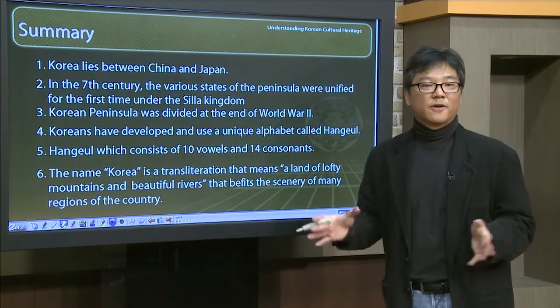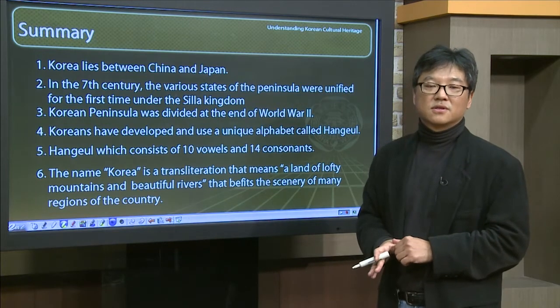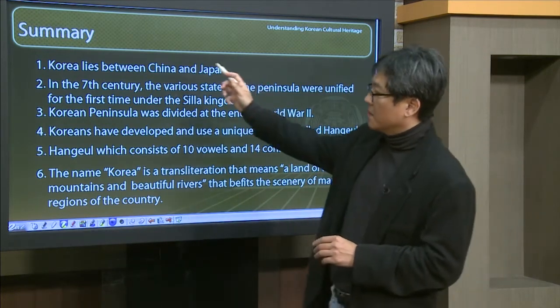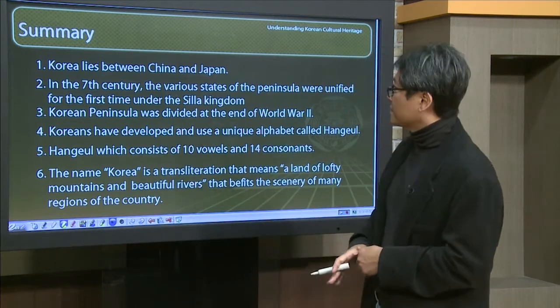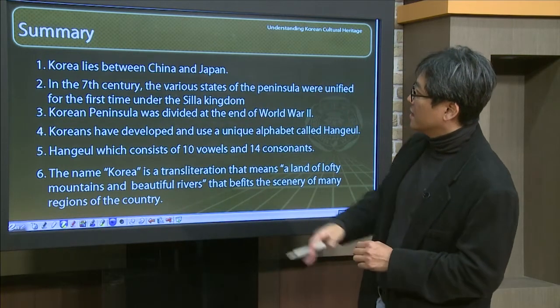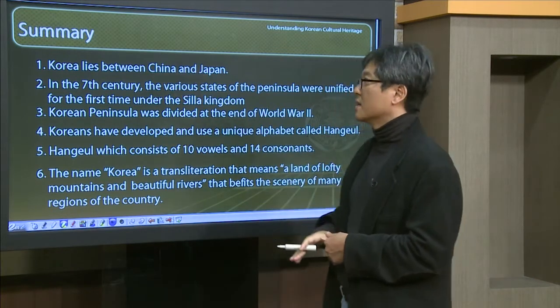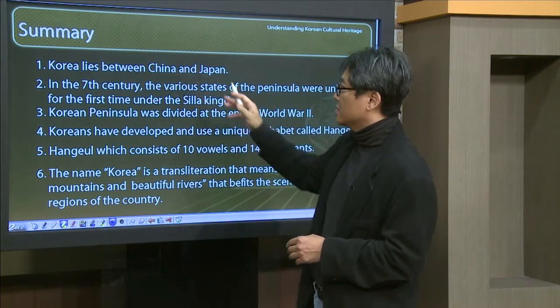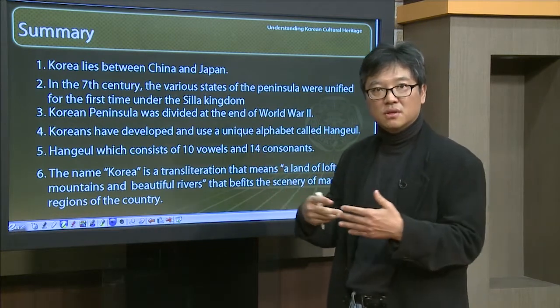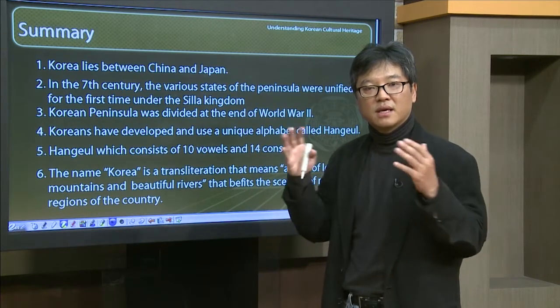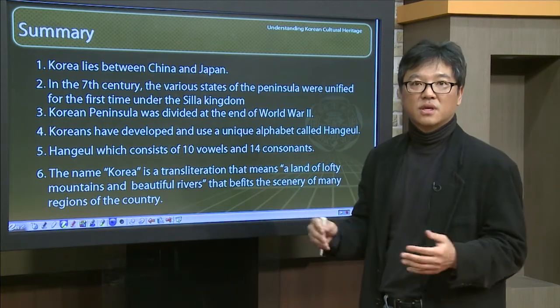So again, this is a very brief summary of the contents of lesson 1. These are the basic information. If I highlight again the location of China and the location of the Korean Peninsula, you can see it's between China and Japan. This interaction among these three nations quite characterizes the so-called East Asian cultures.